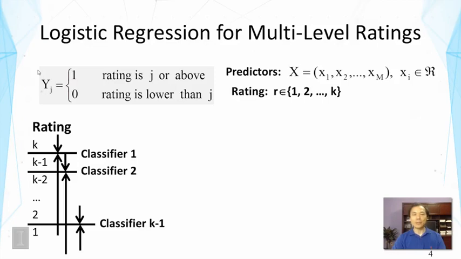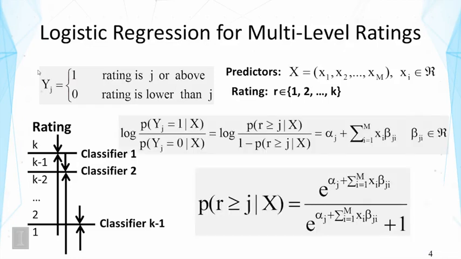Now, if we do that, of course, then we can also solve this problem. And the logistic regression program would also be very straightforward, as you have just seen on the previous slide. Only that here we have more parameters, because for each classifier, we need a different set of parameters. So now the logistic regression classifier is indexed by j, which corresponds to a rating level.